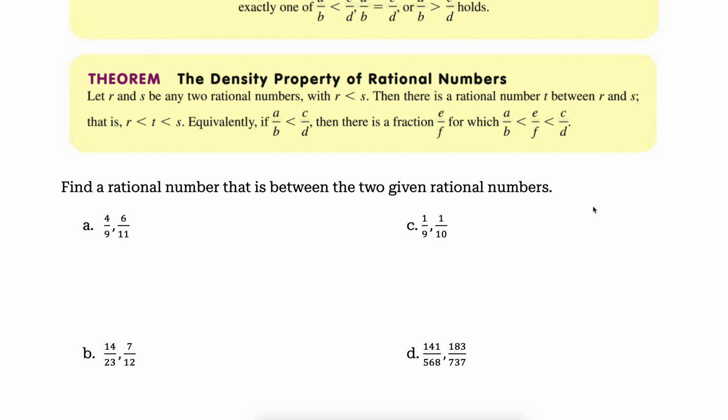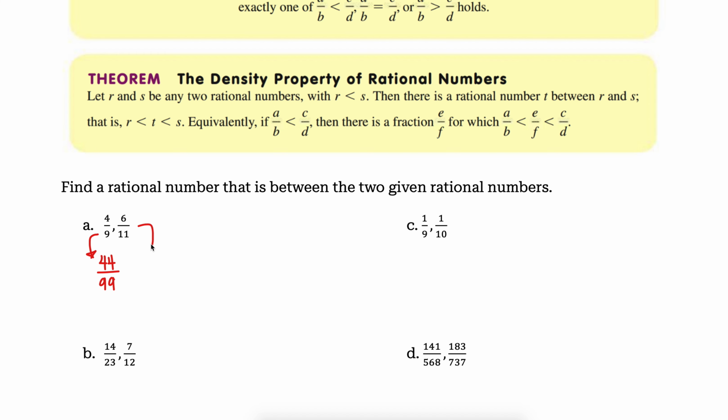If you're given a pair of fractions, a really easy way to find a fraction between them is to find a common denominator. So our first pair of fractions, 4/9 and 6/11. The common denominator is going to be 99. So the first fraction becomes 44 over 99, multiplying top and bottom by 11.